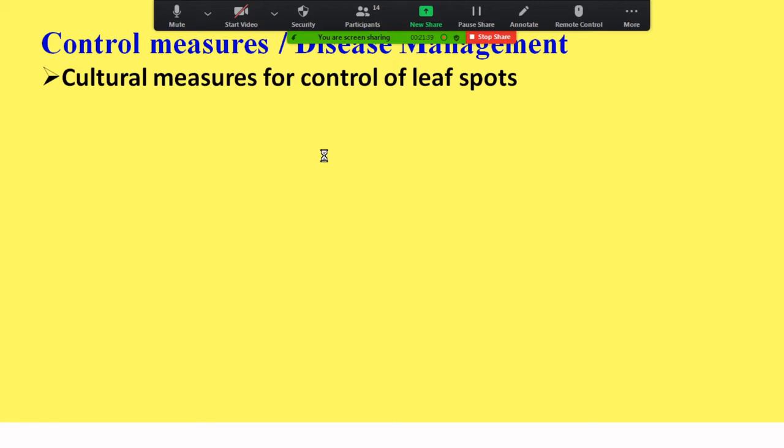Out of that, first there are cultural measures for control of leaf spot disease. Please keep in mind, where possible there should be a distinct break in time between successive groundnut crops. As the diseases are largely soil borne, rotation with other crops is obviously very important. So this point is very essential.